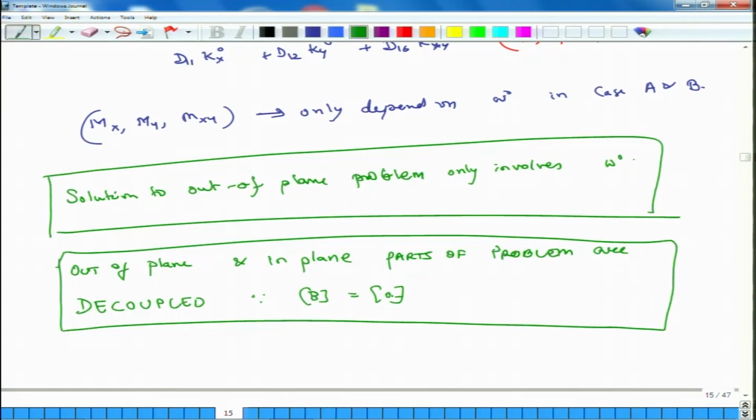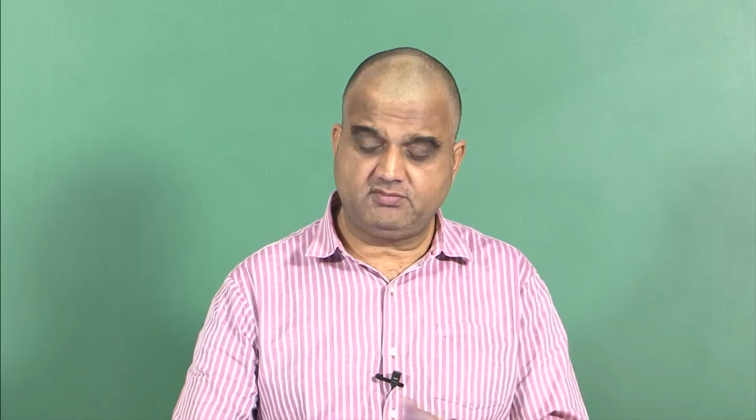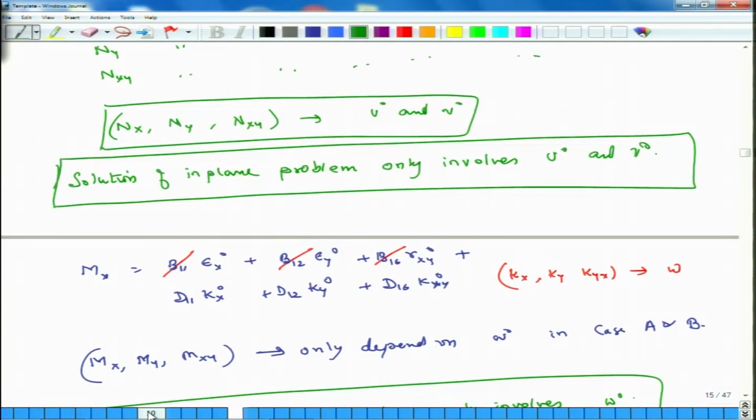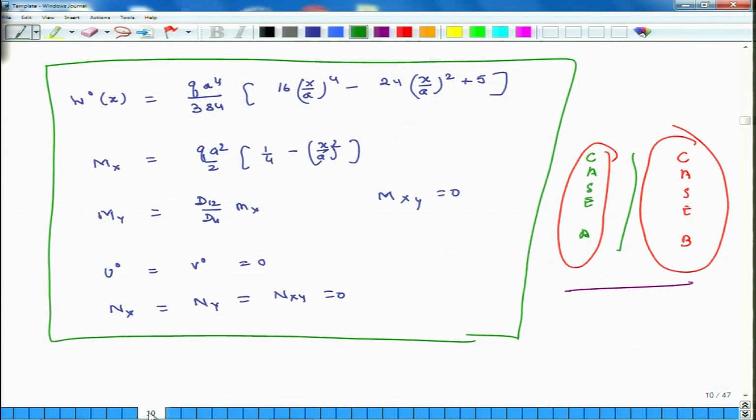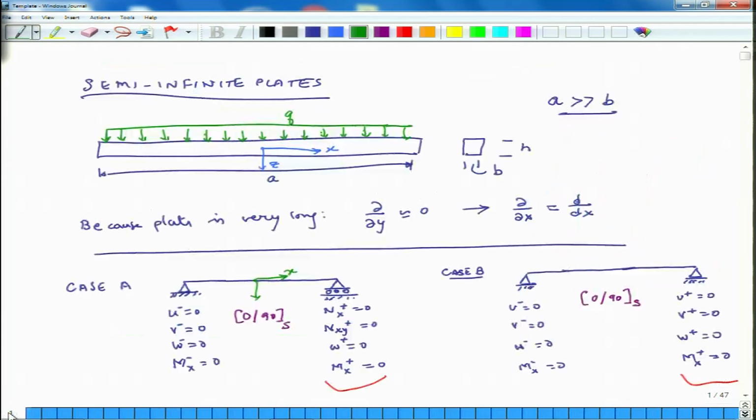So that is one case. The solution of U and V does not influence W and vice versa. Now our original question is, why is the solution the same for case A and case B? So to see that, let us look at this picture again.